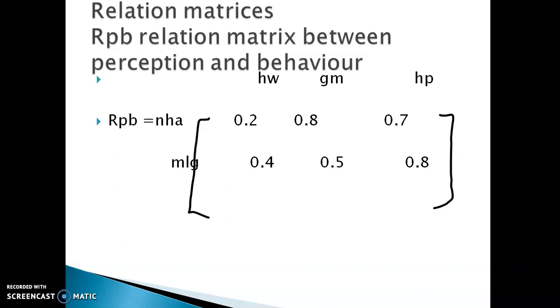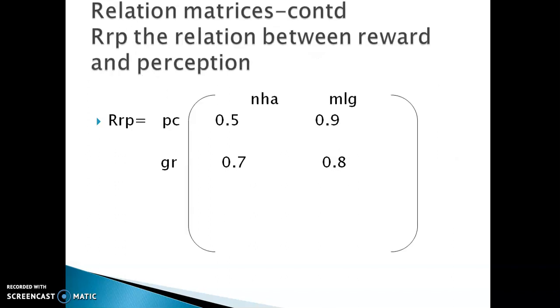So nice to have around has a membership function 0.2 with reference to hard work, 0.8 with reference to good manners and 0.7 with reference to high productivity, and makes the boss look good has a membership function 0.4 with reference to hard work, 0.5 with reference to good manners and 0.8 with reference to high productivity.